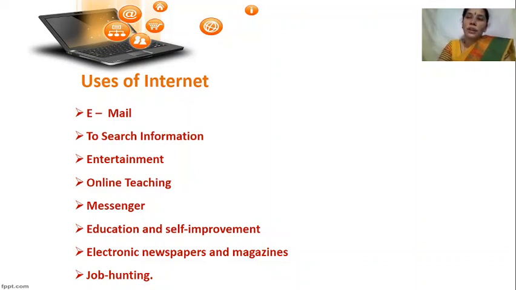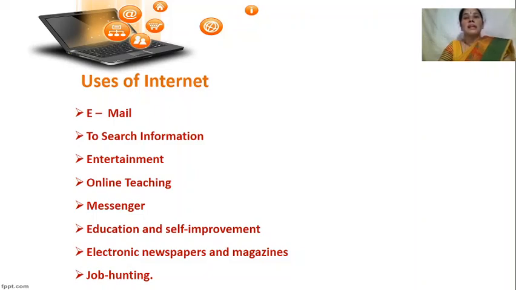Then there are electronic newspapers and magazines. If we are not able to get the hard copy of a newspaper, we go through the internet, the Times of India and many more papers or magazines we can refer to.